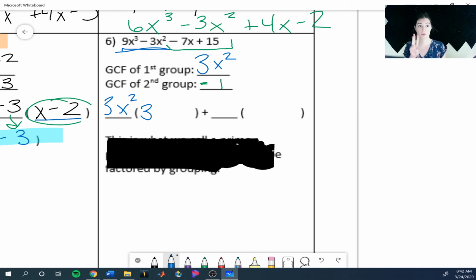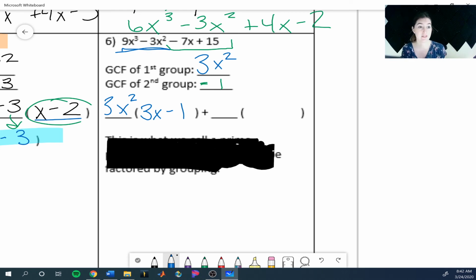X cubed divided by x squared, 1 is left, so x. Negative 3x squared divided by 3x squared: negative 3 divided by 3 is negative 1, and x squared divided by x squared is 1. Perfect. So my first group is factored out completely.